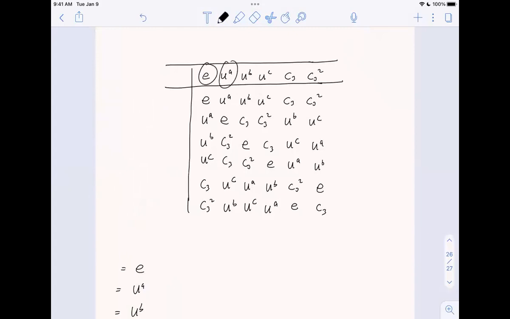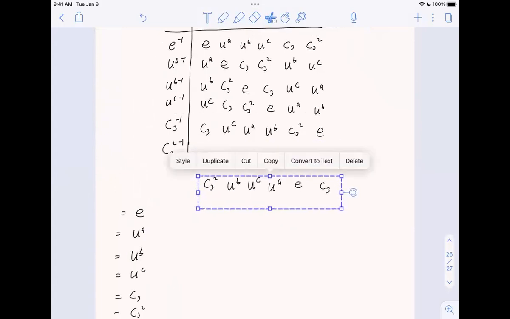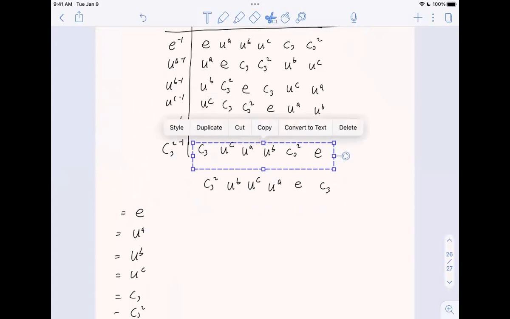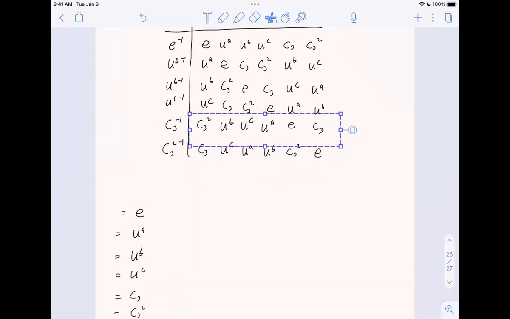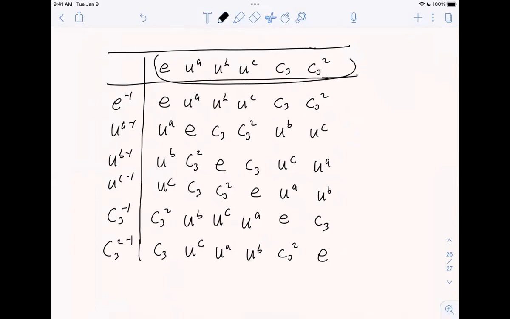This is E. All of this we're going to write the inverse here: UA inverse, UB inverse, UC, and then this is C3. We want to write the inverse here. All of this doesn't need to change at all. The only change is that these two rows need to be exchanged. That's it. The feature here is that whatever you have here, you have the inverse here.